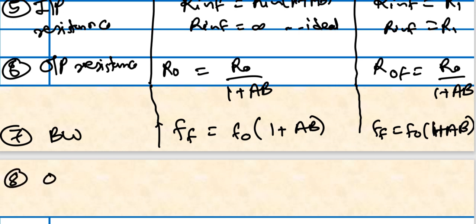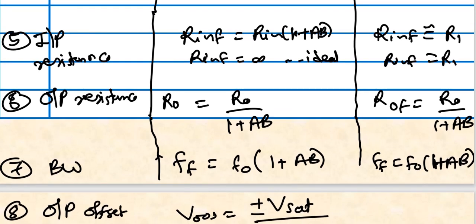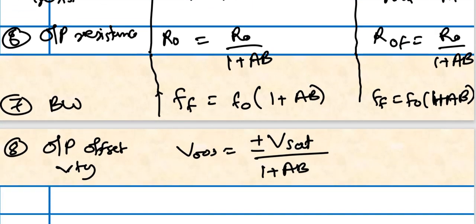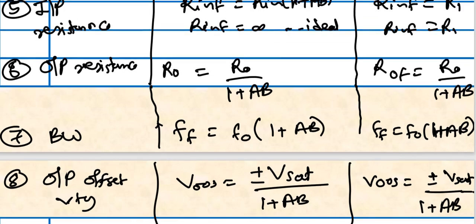And eighth one is the output offset voltage, and it is nothing but VOOS equal to plus minus VSAT divided by 1 plus AB. Here also it is the same. So at both places the formula is the same.